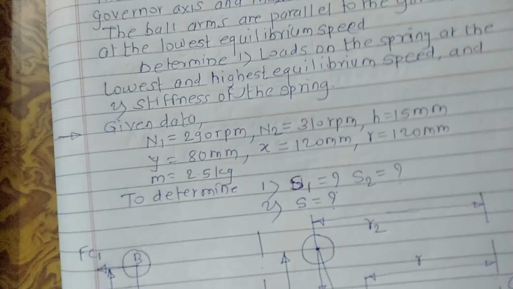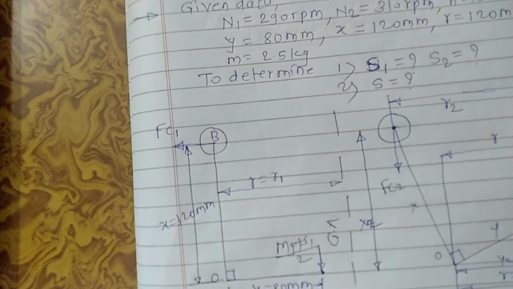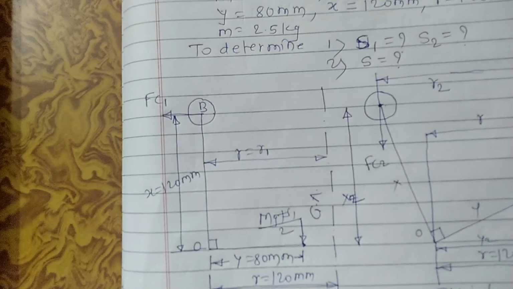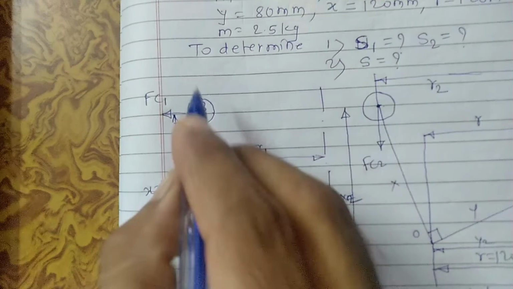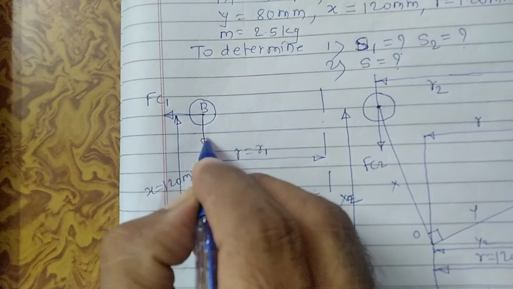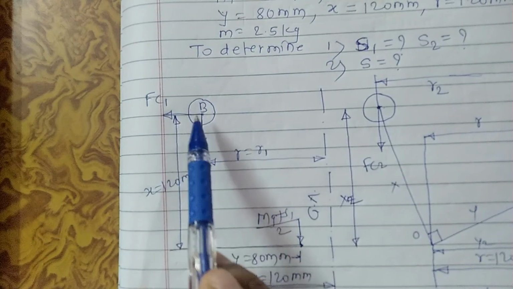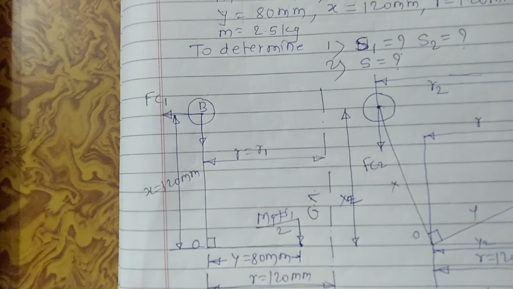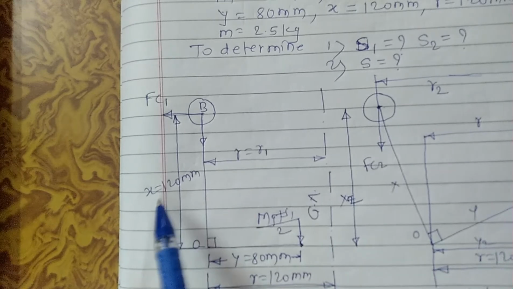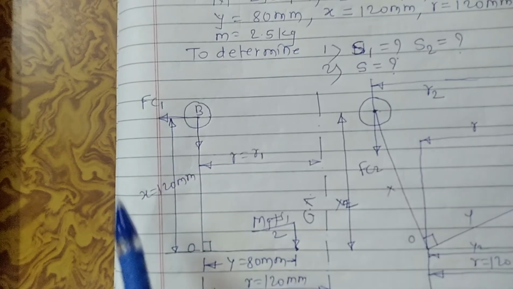In this case, for the lowest position, we have to neglect whatever the movement because of the weight of this ball and the obliquity effect, that is this x1, when x changes its position.